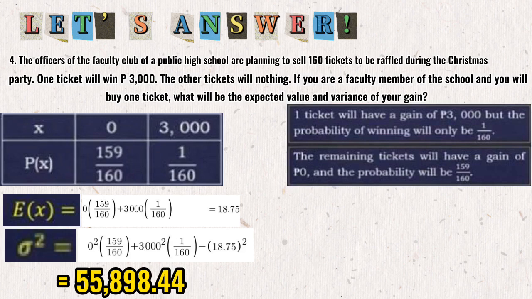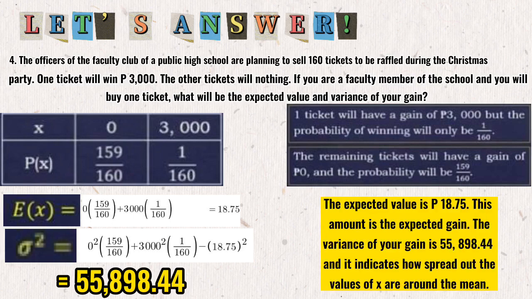The answer will be 55,898.44. The expected value is 18.75 pesos. This amount is the expected gain. The variance of your gain is 55,898.44, and it indicates how spread out the values of x are around the mean.